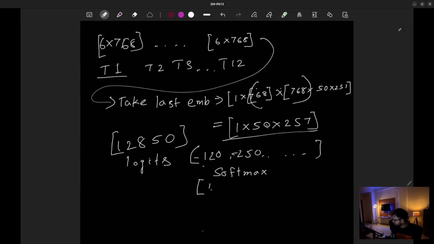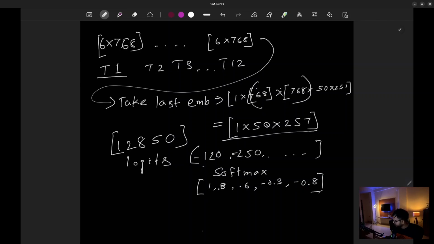So let's say the first one is 0.8, then 0.6, minus 0.3, and minus 0.8, right? So this is the final matrix that we get from the model.